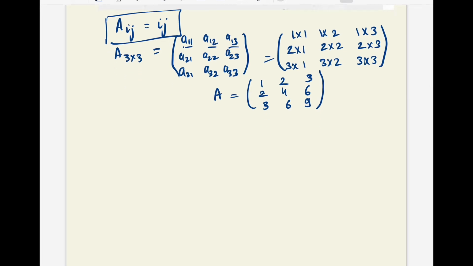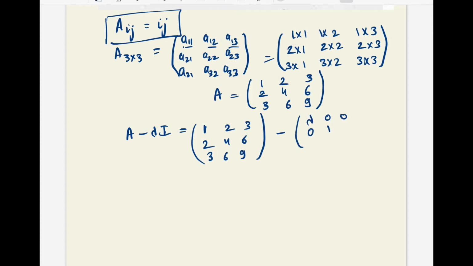We always take the equation in the form of A minus lambda I, which means 1, 2, 3, 2, 4, 6, 3, 6, 9 minus lambda 0 0, 0 lambda 0, 0 0 lambda. This becomes 1 minus lambda, 2, 3, 2, 4 minus lambda, 6, 3, 6, 9 minus lambda.